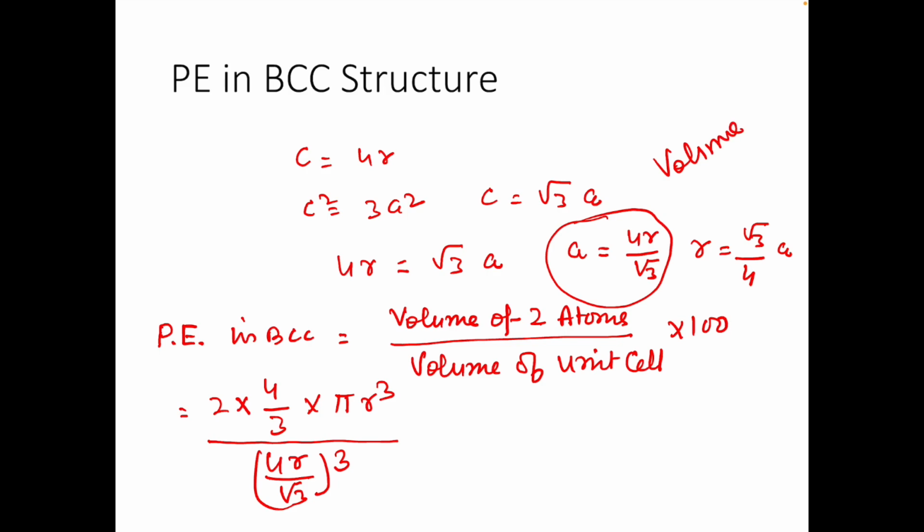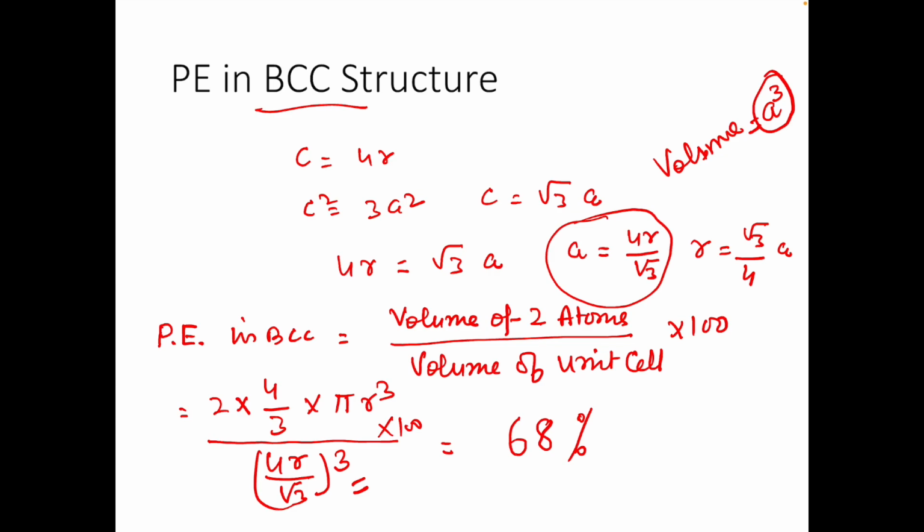The volume of the unit cell, which is a cubic structure, will be A cube, and A is equal to 4R by root 3. We have taken A cube here. If we calculate it further, the R cube in the denominator and numerator will cancel each other, and we get, into 100, 68%.